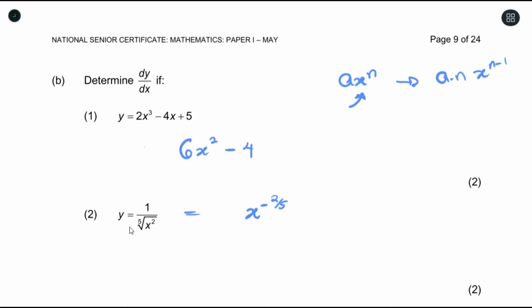Whenever you have a square root, it can be rewritten as a fraction. And whenever you have your exponents in the denominator, it can be brought up to the numerator by assigning a negative to it.